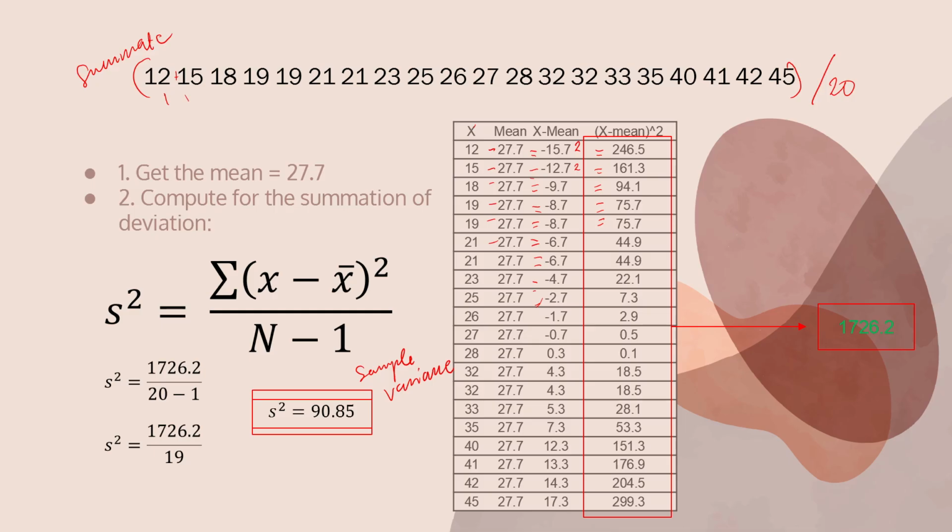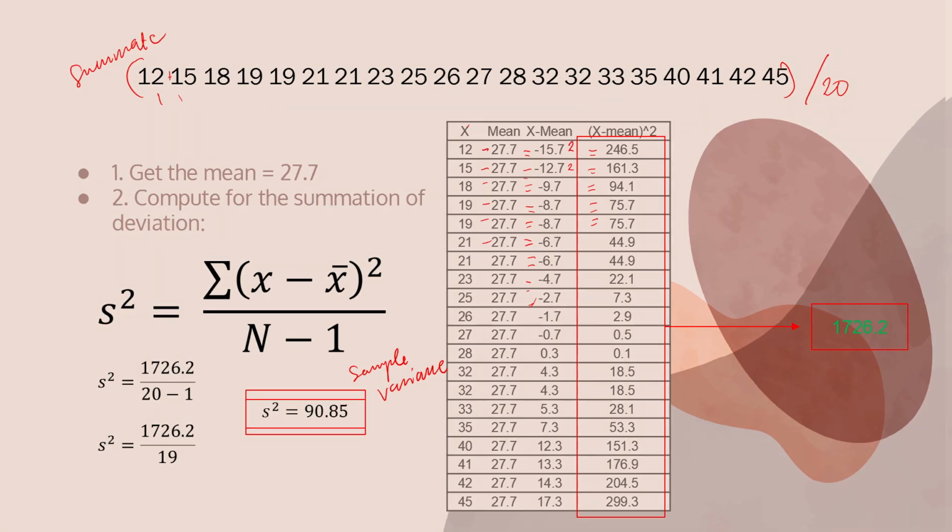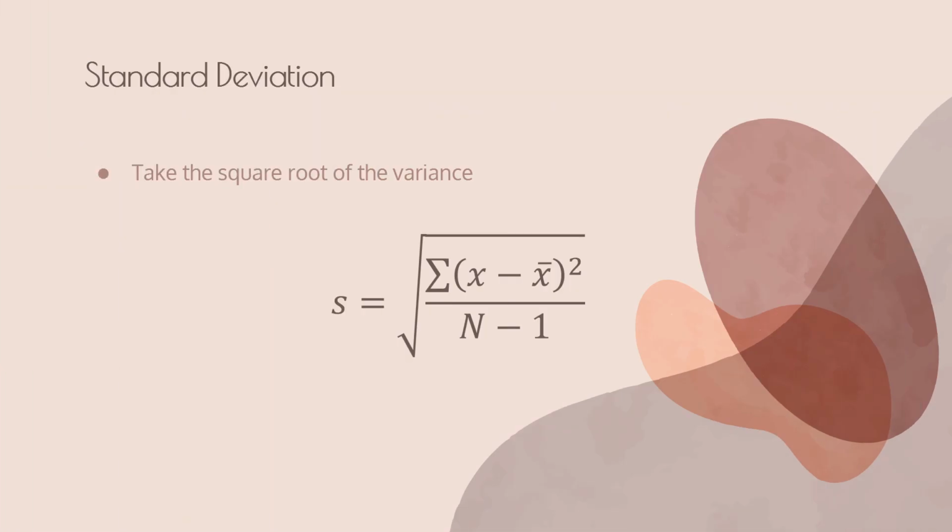Okay. And when we have our sample variance, it's easy to compute for the standard deviation. Simply take the square root of your variance. In the earlier case, the square root of 90.85 gives a standard deviation of 9.53.